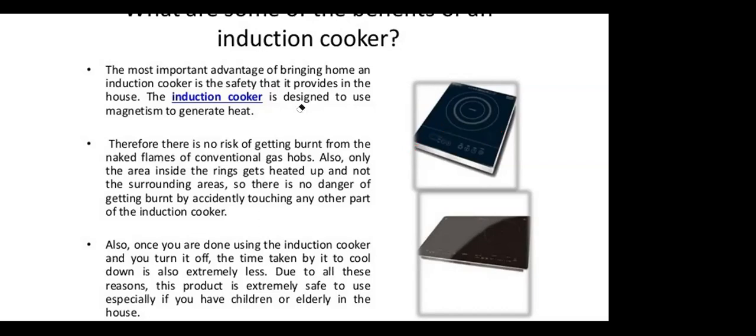Very, very important. So what is used here? Magnetism to generate heat. That's why we say an electromagnetic field is used to generate heat here. So no risk of getting burned, no risk from a naked flame. No naked flame here. And only the area inside the ring gets heated up, not the surrounding areas.